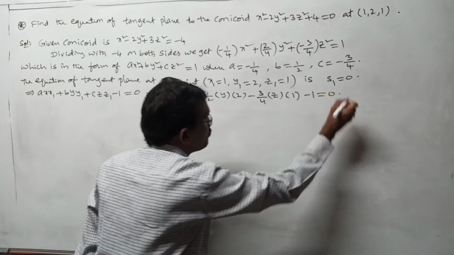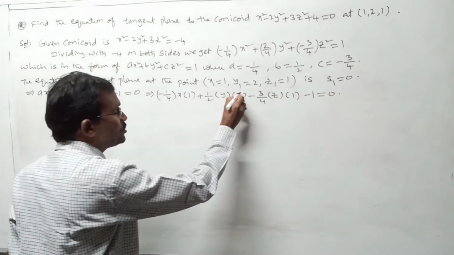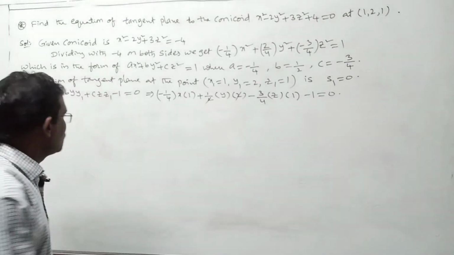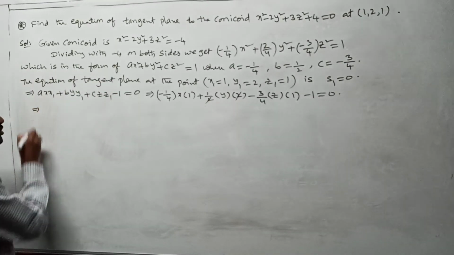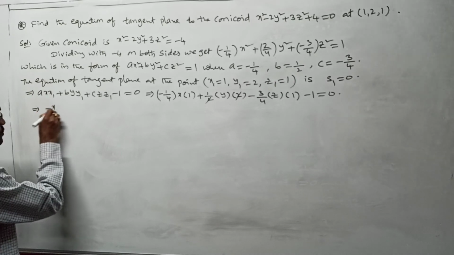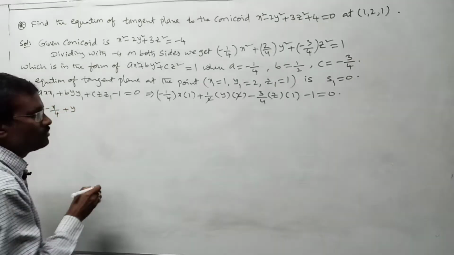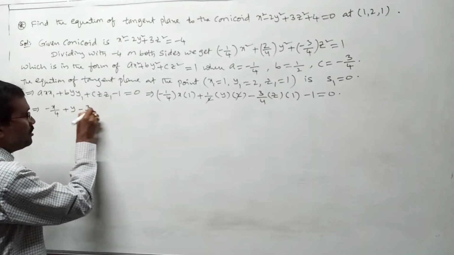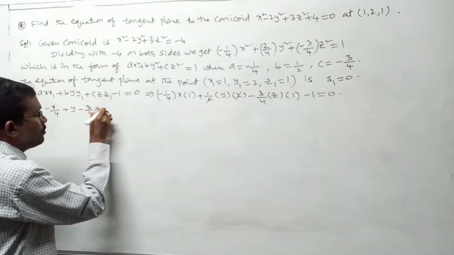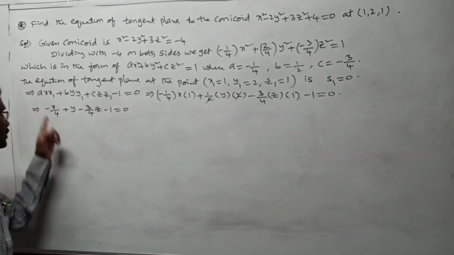Minus 1 is equal to 0. Here this 2 gets cancelled. Now write it: minus x by 4 plus y minus 3 by 4 into z minus 1 equal to 0.